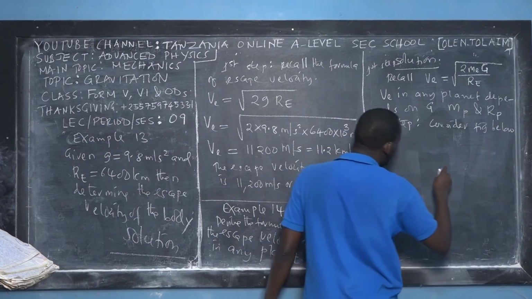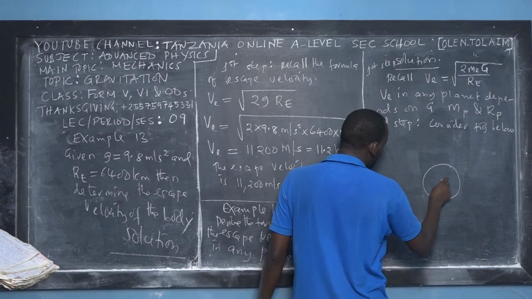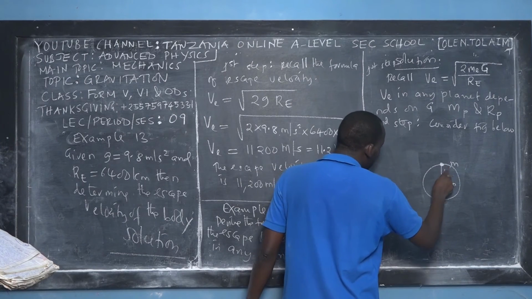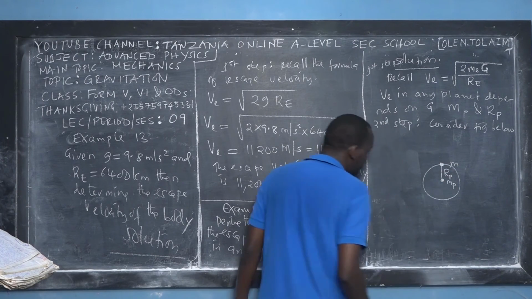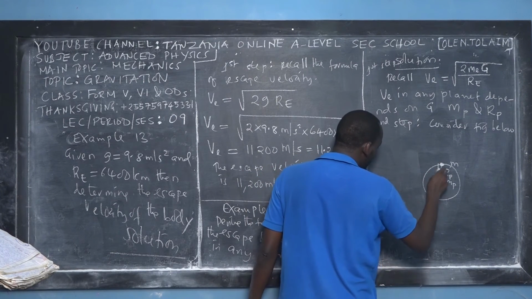Suppose we have a planet surface, here we have the mass of the planet, and this is the body of mass m, right? And then here we have the radius of the planet. You have to understand, physics is not difficult. So this is the distance between those two points.